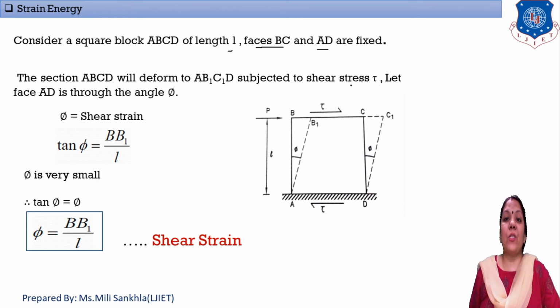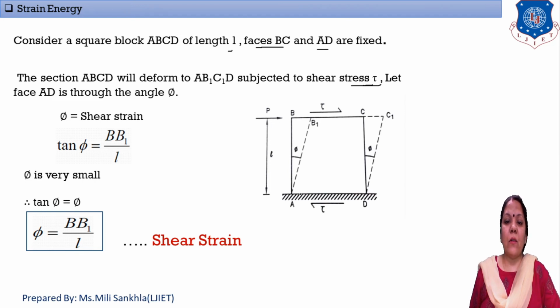This shear stress tau acts through angle phi in this block. Again I am repeating: AD is fixed, BC is free, and the load acts on BC.